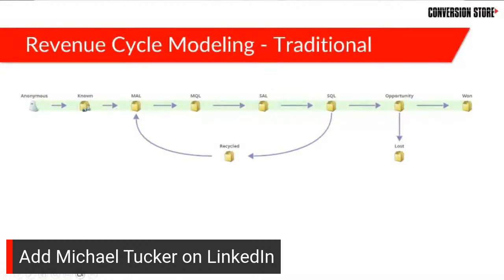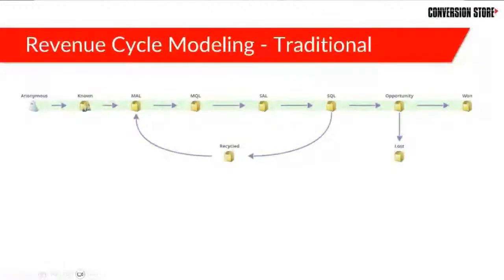As people move through being anonymous and then being acquired, known in the database, being marketing accepted, marketing qualified, sales accepted, sales qualified, and ultimately going through a purchase opportunity and then deciding whether you are close won or close lost.